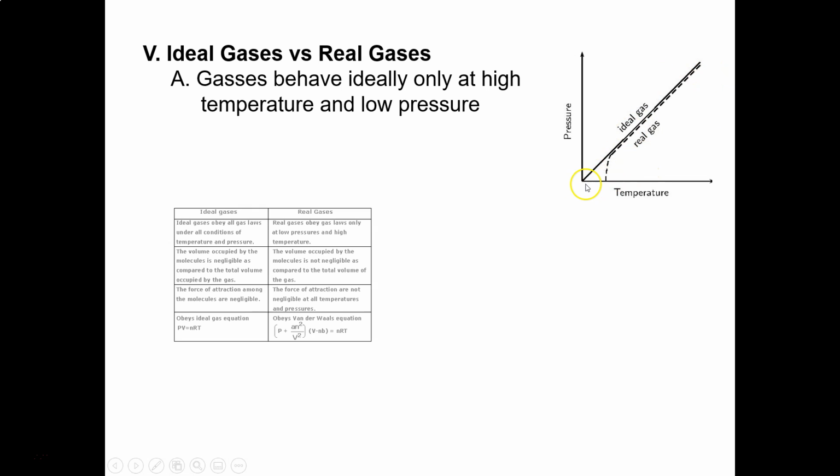So even at a low temperature, it has a direct relationship. But when you look at the real gas, which is this dashed line here, in the lower range of temperature, it doesn't behave that nicely. It doesn't have that nice direct relationship. It only has that nice direct relationship after it has gone to a certain point. So this is at higher temperature where the real gas starts to behave like an ideal gas.